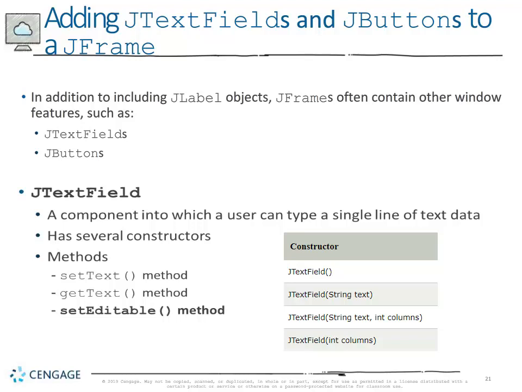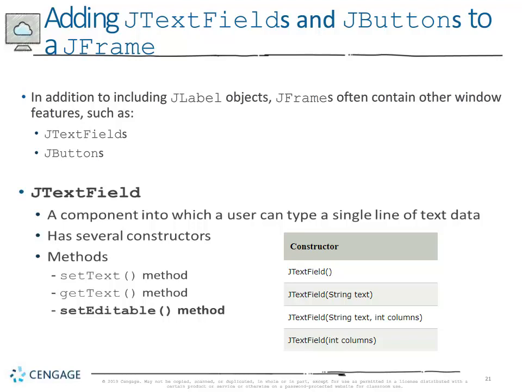If there are two arguments, the first one is a string and the second one is an integer number of columns, it creates a new text field initialized with the specified text and the columns. If the constructor has an integer, it creates a new empty text field with the specified number of columns.